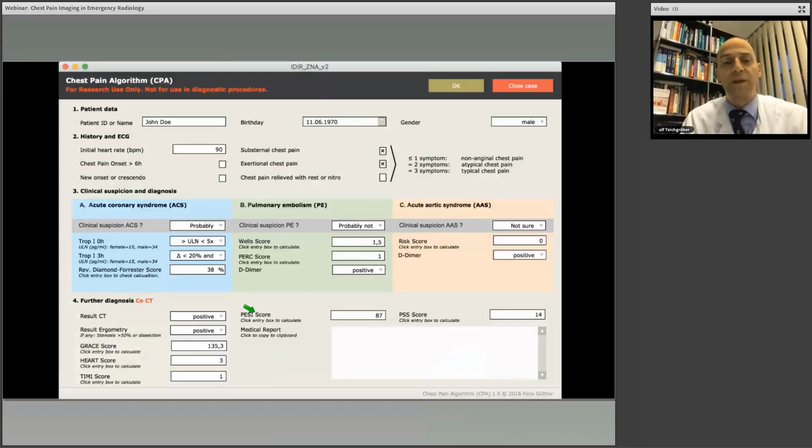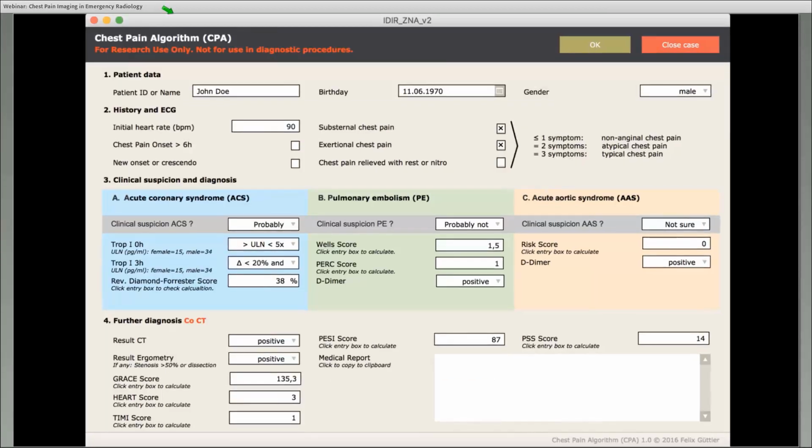And therefore, we established this software tool, which is designed to look mainly at the pretest probabilities.